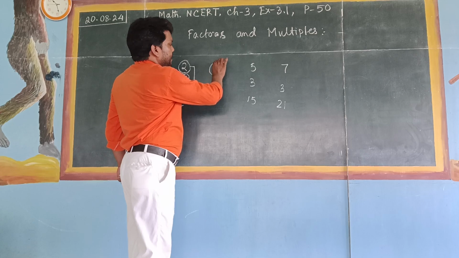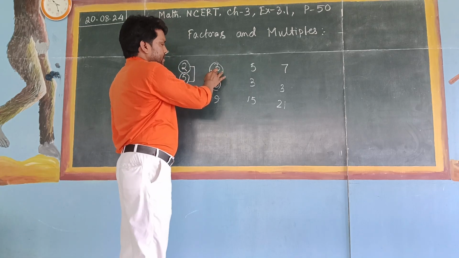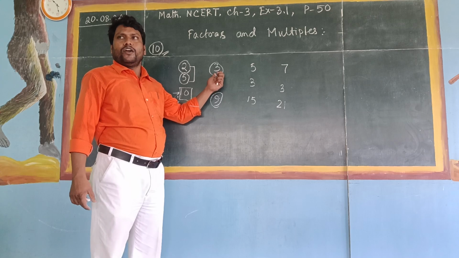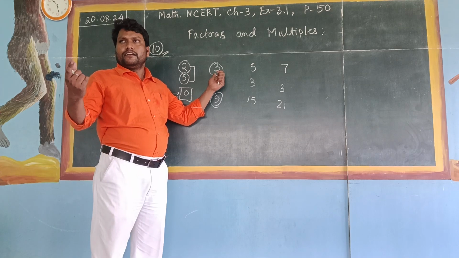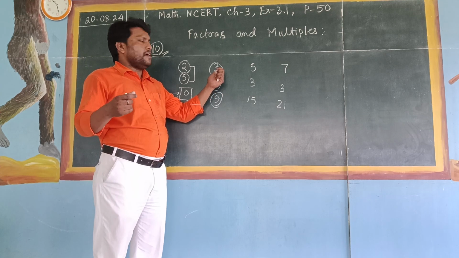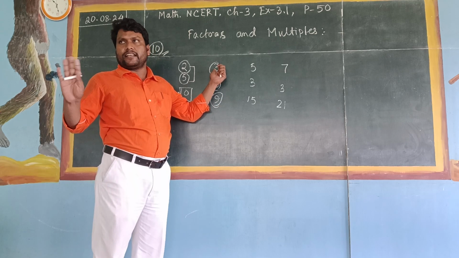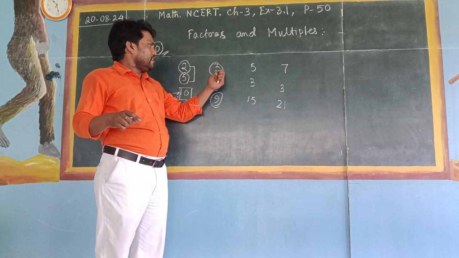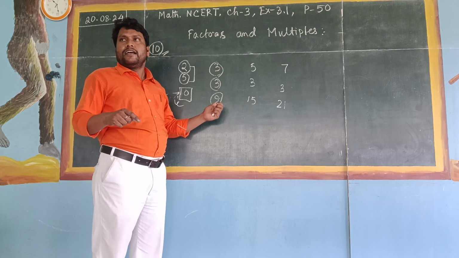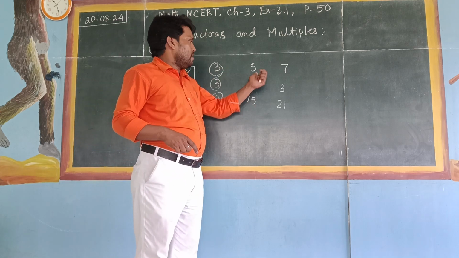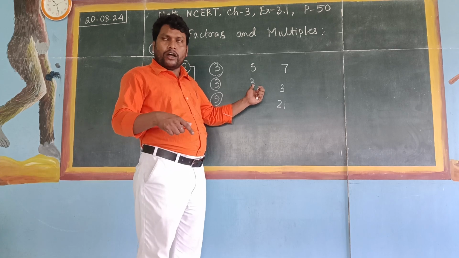Suppose 3 3s are 9. So 3, only one 3. You will say only 3, though there is a double 3. Double 3 is not necessary. You will say that 3 is a factor of 9. Next, 15: 5 3s are or 3 5s are.